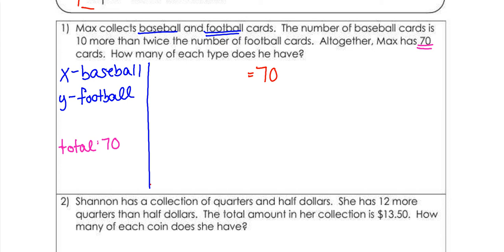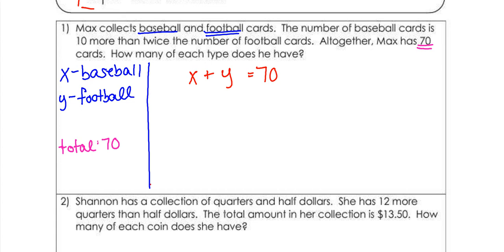I know that the amount of baseball cards he has and the amount of football cards are going to equal that 70. So this equation is just going to be X plus Y equals 70. This is a type of equation that you're going to see a lot when you have a total of something. And you're just going to have to add the X and Y together to get to that total.